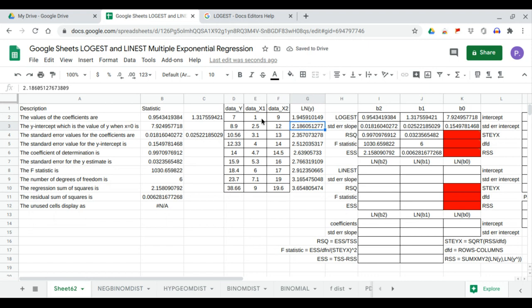Now that we have converted the y to the linear form, we can now use LINEST. Data y, this time this is our data y, and data x. Let's show the full statistics.